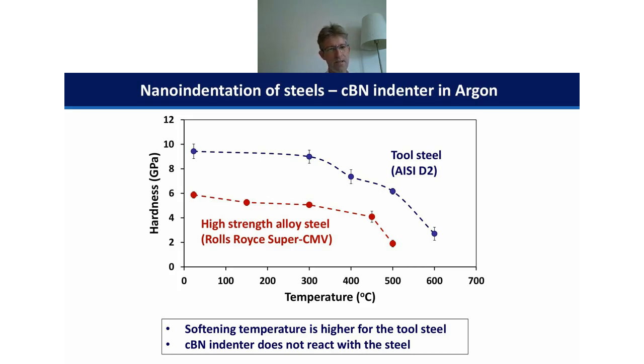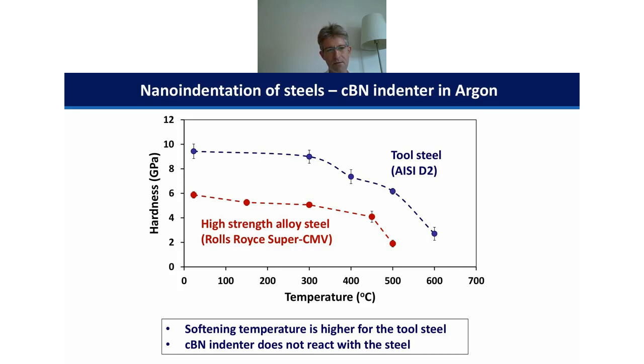Here we can see examples where we've used it on a tool steel, and also on a high strength alloy steel. What we can see here essentially is that the softening temperatures are different.